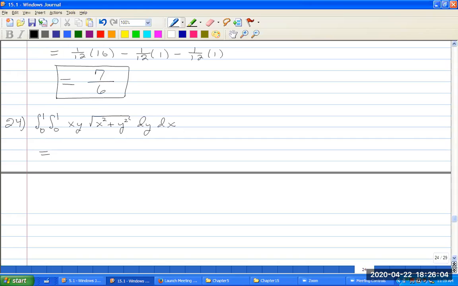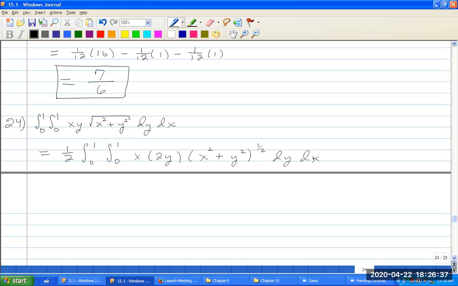Actually, maybe I'll put a 2 in there to make it look nicer. So this is 1/2 integral 0 to 1, integral 0 to 1 of x to y, x squared plus y squared to the 1/2 dy dx.